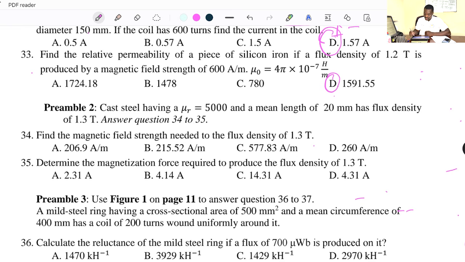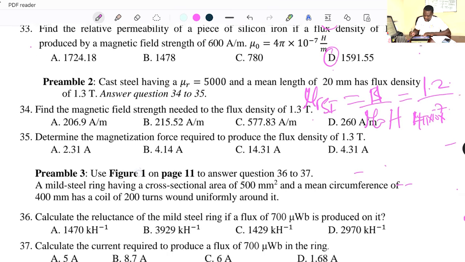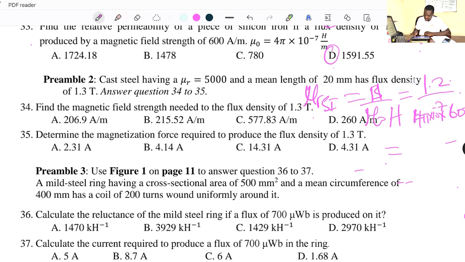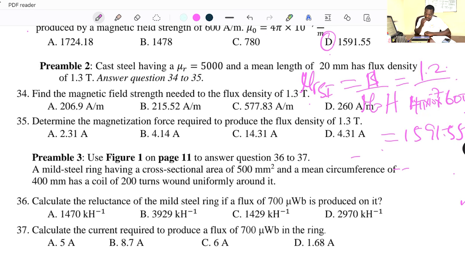That is if you take the relative permeability of silicon iron equal to the magnetic flux density over the permeability of free space times the magnetic field strength. So we have 1.2 over 4 pi times 10 to the power minus 7 times 600. You get 1591.55. So the answer is D.